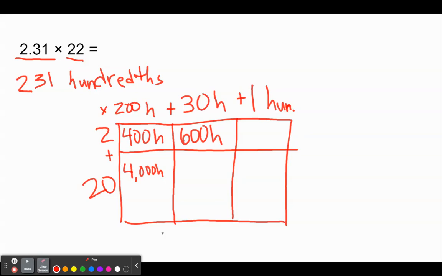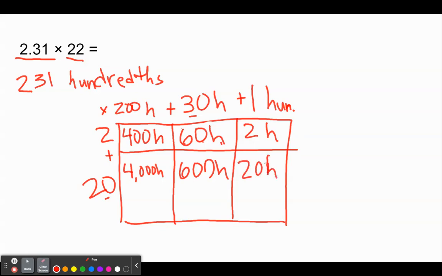I put that in the wrong spot. Let me erase that. We multiplied 20 by 30 hundredths, which is going to give me 600 hundredths. And then up here in the smaller portion, I'm going to do 30 hundredths times 2, which is 60 hundredths. Then I'm going to do 2 times 1 hundredth, which is 2 hundredths. And I'm going to do 20 times 1 hundredth, which is 20 hundredths.